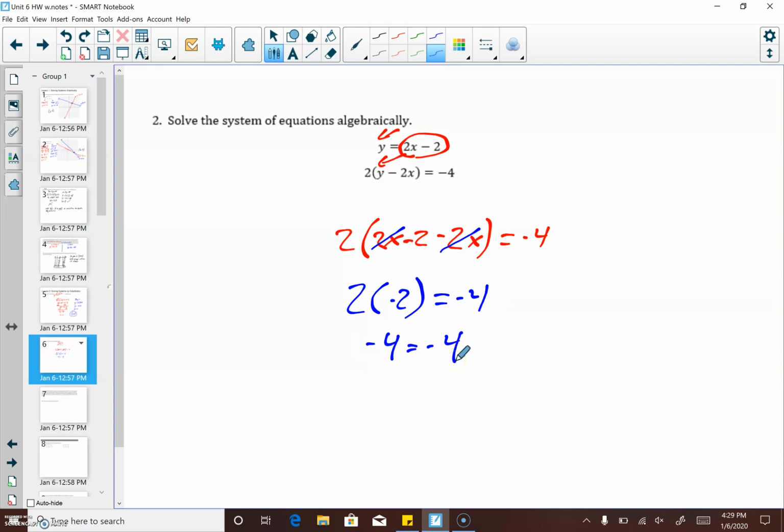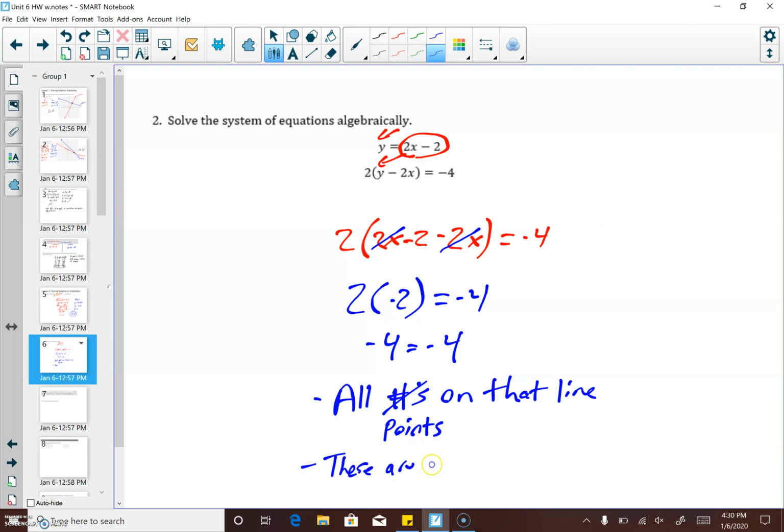Now it looks a little bit different because I'm out of variables. That tells us something special. What that tells us is that our solution is all points on that line. Really, instead of numbers, I should say points on that line, because what is true here is that these are the same line.